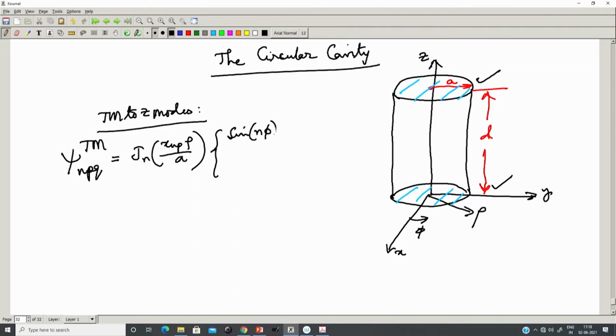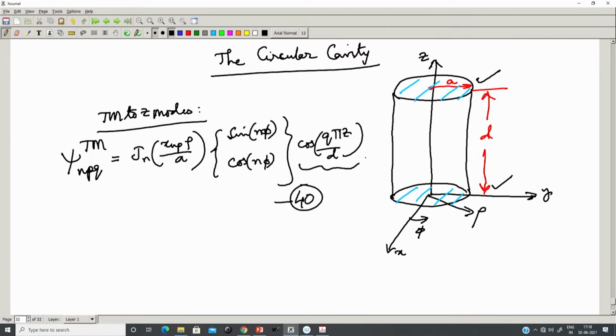So, it remains sin n phi, cos n phi. However, we have a cos q pi z by d, which is equation 40. Cos q pi z by d corresponds to standing waves along the z direction.